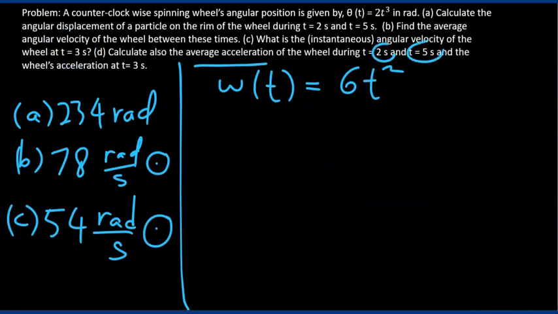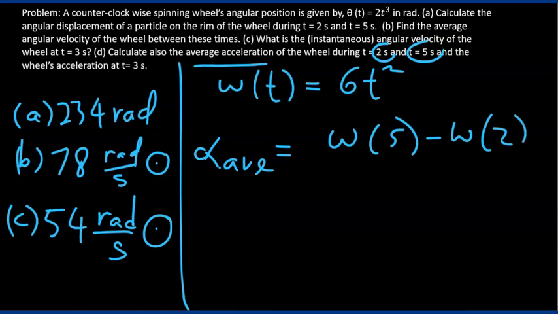Next, let's calculate the average acceleration of the wheel from t equals 2 to t equals 5 seconds. So the average angular acceleration is given by the angular speed at t equals 5 minus the angular speed at t equals 2, divided by that time interval of 3 seconds.